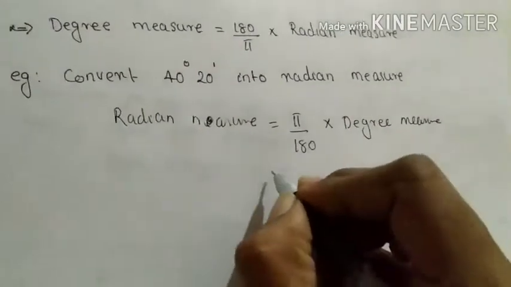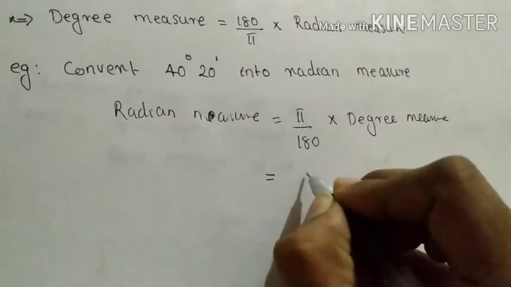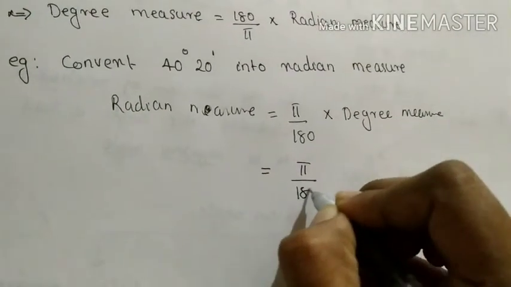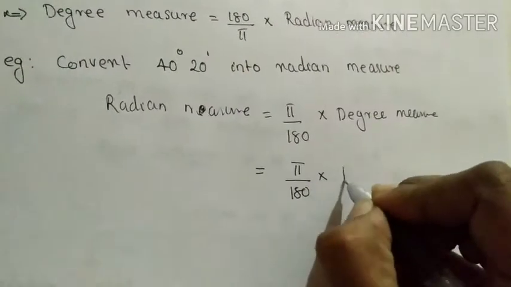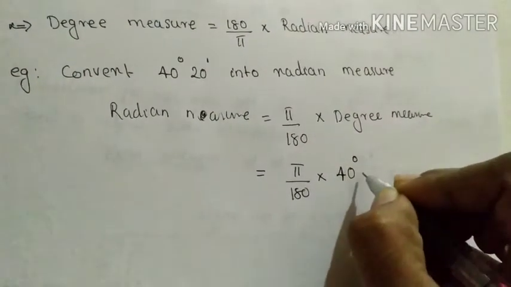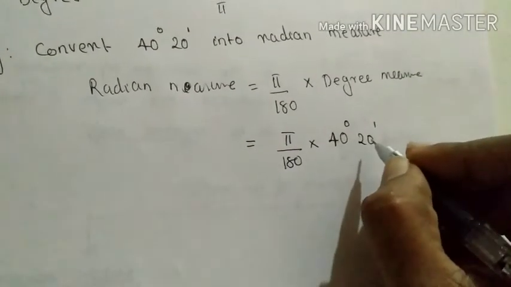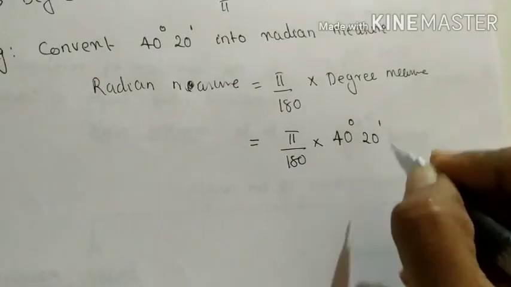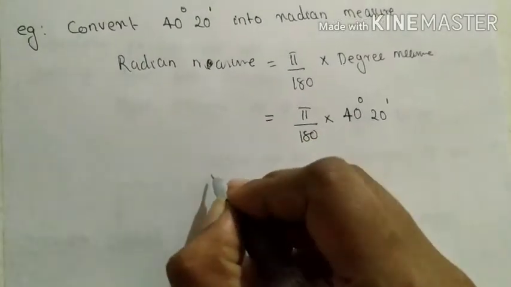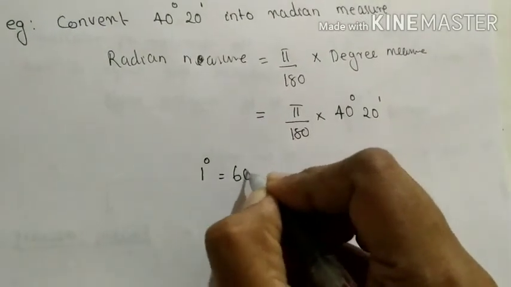Substituting the value of degree measure here, pi by 180 into 40 degree 20 minute. Next we need to convert this 20 minute into degree, and we know that 1 degree is 60 minute.